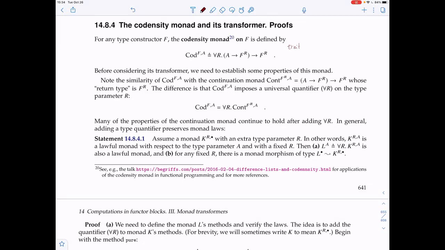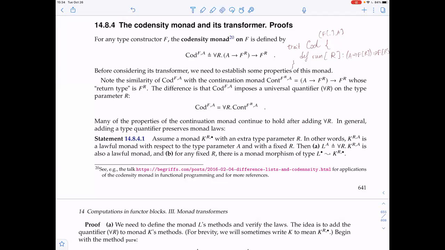In Scala 3, you can write it much quicker, but in Scala 2, it means you have a trait with a method that has an extra type parameter. So the code has type parameters F and A, but the run has the R type parameter. So this would be the type definition in Scala 2.